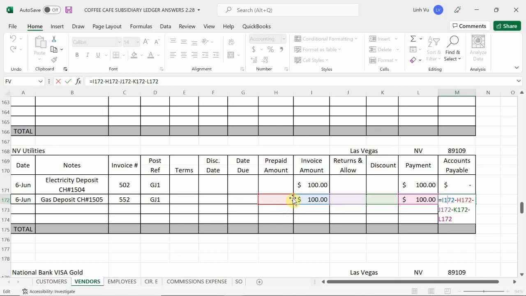We call that relative cell referencing. It's taking the formula from above, but applying it to the next line below. If you look carefully, all my little squares are highlighted, because it's telling me that they took the invoice amount, subtracted the prepaid, the return, the discounts, and the payments, and applied it to the row after it. So in this case, I owe nothing to NV Utilities.